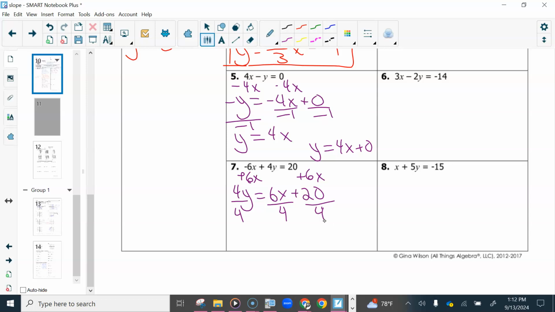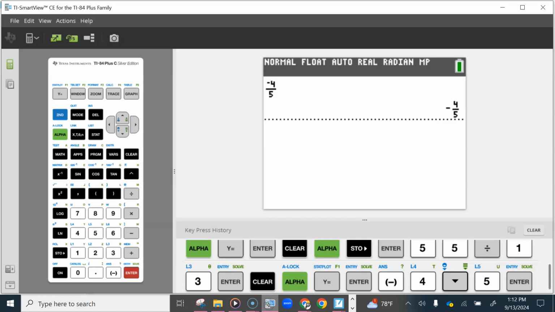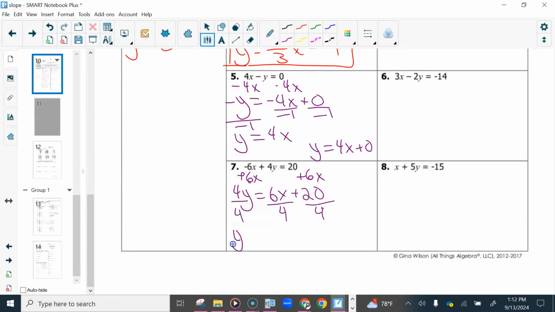And I want you to simplify this in your calculator using your alpha y equals. What would that fraction simplify to be?